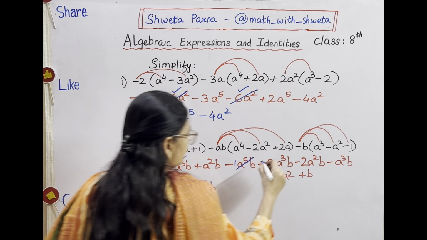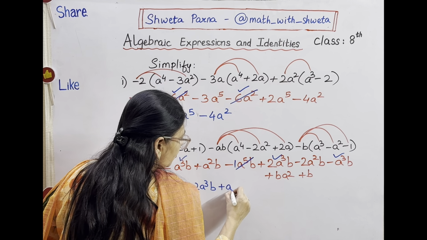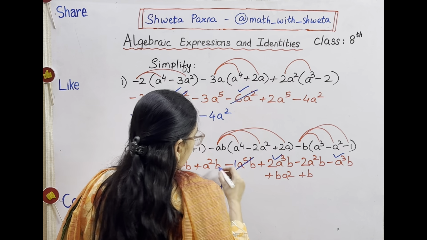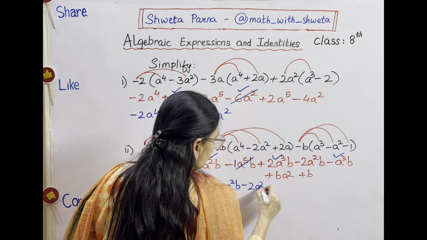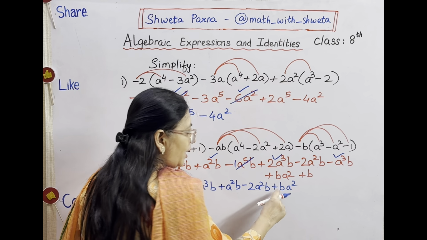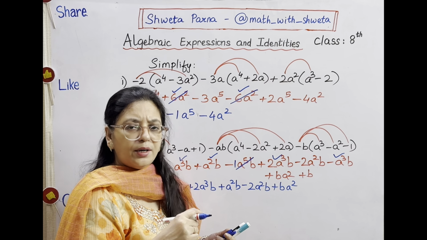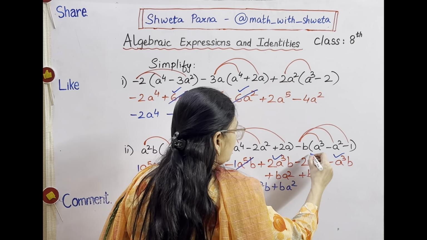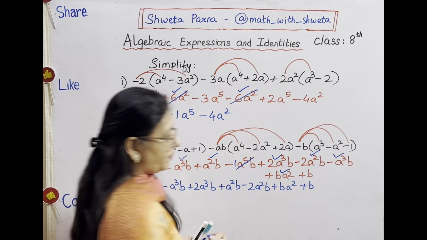These are like terms, right? So you write it together. Then plus a square b, you will do it with minus 2a square b and plus b a square. Now a square b or b a square is same. 2 into 3 or 3 into 5 is same, correct? So this is done, this is done. What is left? Plus b is left.